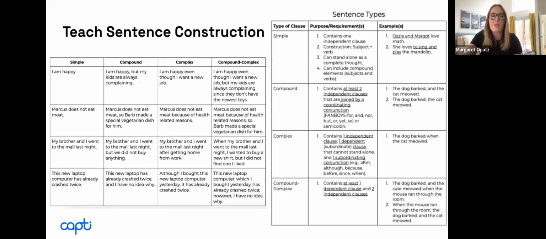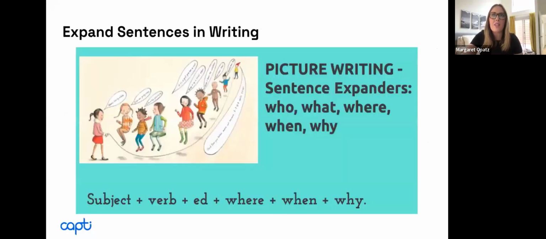So something else that's really helpful in terms of building syntax, and I mentioned this already, is being able to expand sentences. When students can start to expand sentences, they can start to see how words work together within a sentence. This can be really helpful, especially if you're teaching writing and students are writing very short sentences every time.